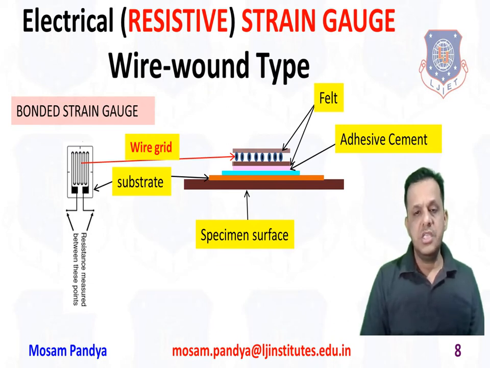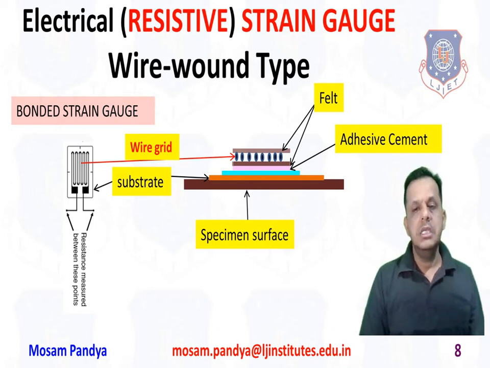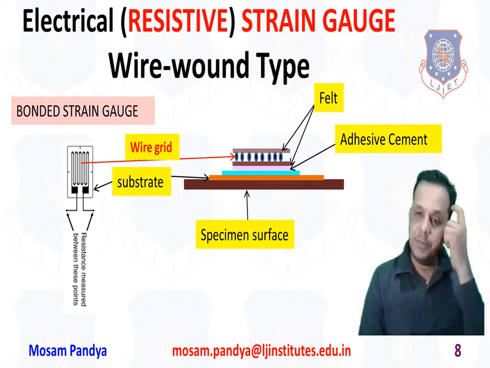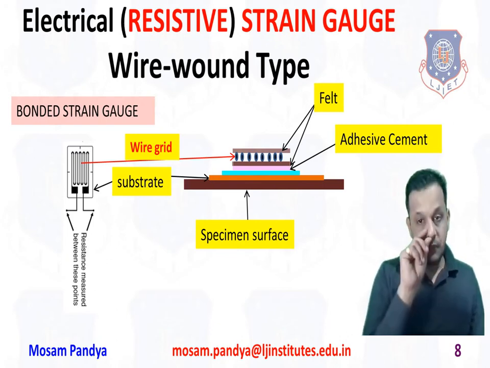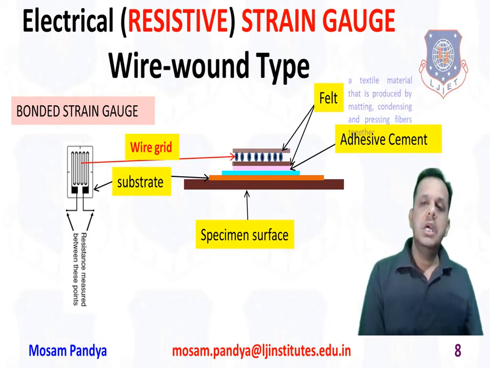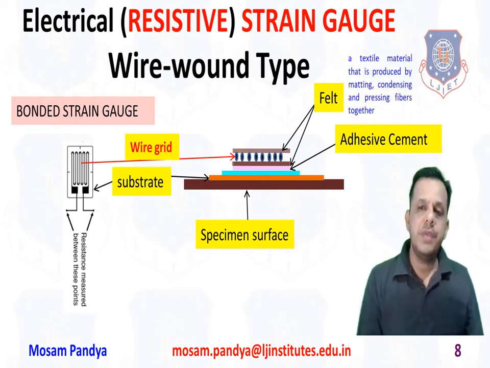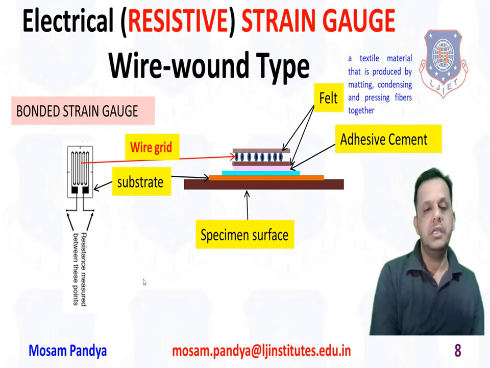Here you see the specimen surface, like a beam under observation. That is the substrate you can see here. Then the adhesive cement, which I have shown in pink color, and the felt, a textile material produced by condensing or pressing the fibers together, and the wire grid, which is shown in red color here.